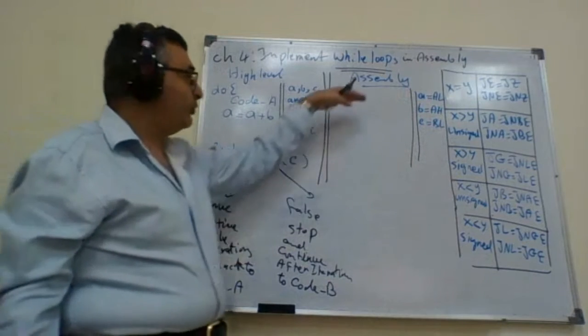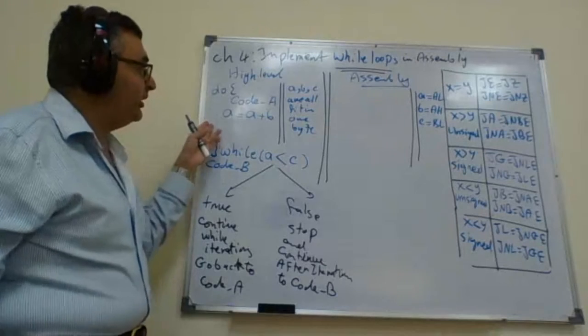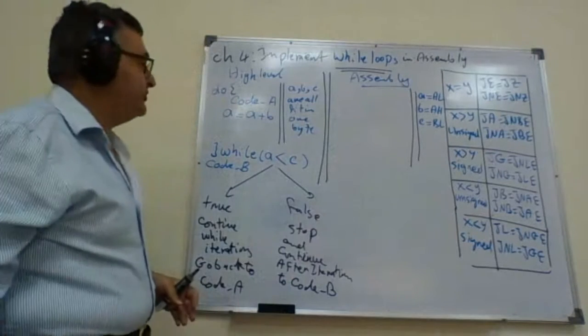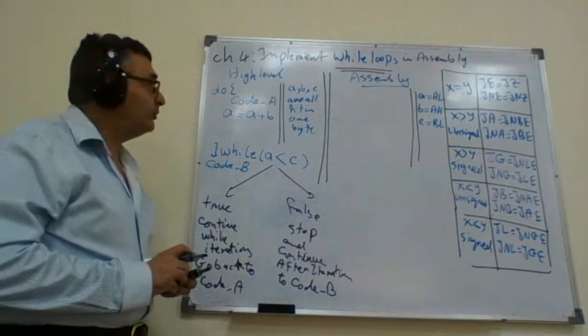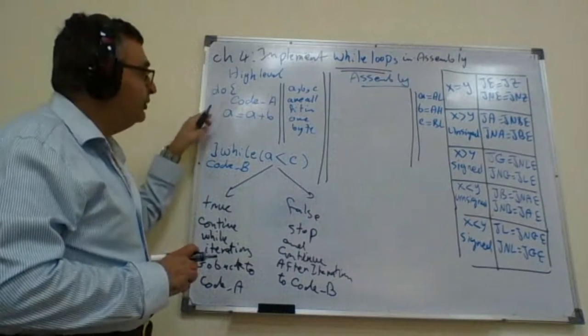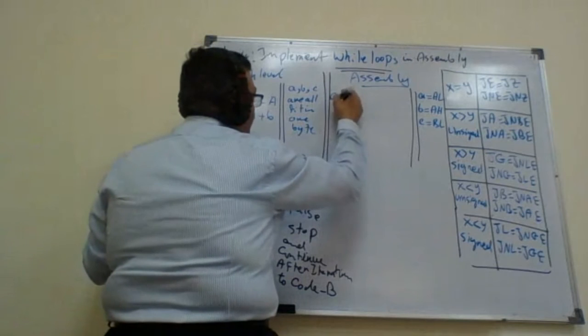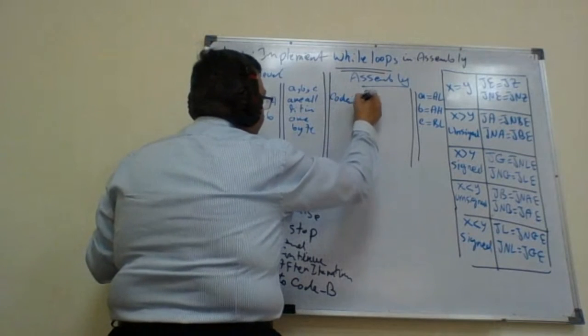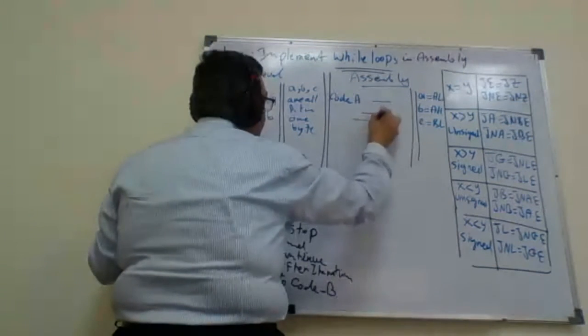Can I perform the code here? Can I convert this high-level language to assembly? The answer is yes. I have to have a starting point for my code of A, so assume that I have here a label for code A, and here I have some lines of code.